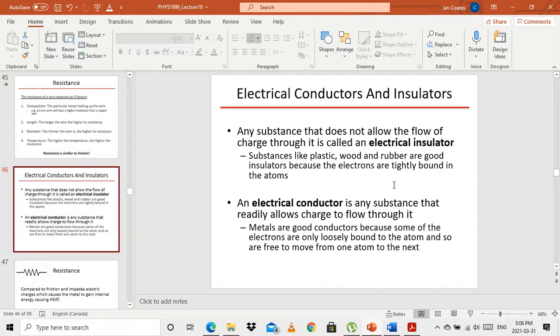Metals are malleable. You can shape them, you can mold them, they're ductile, you can make them into wires in whatever shape you want. Metals are weird in that their electrons are loose. It's kind of like an electron sea, like an ocean. The electrons are completely free to move within a metal. That's what makes them such good conductors.